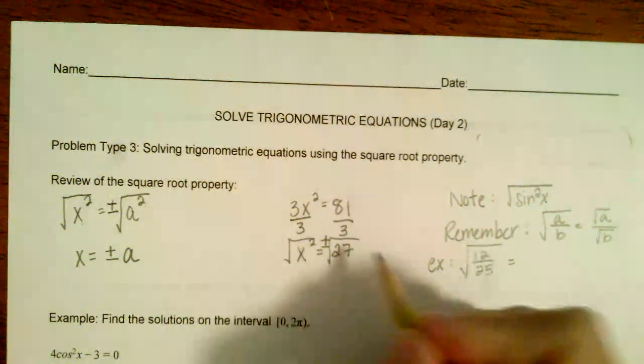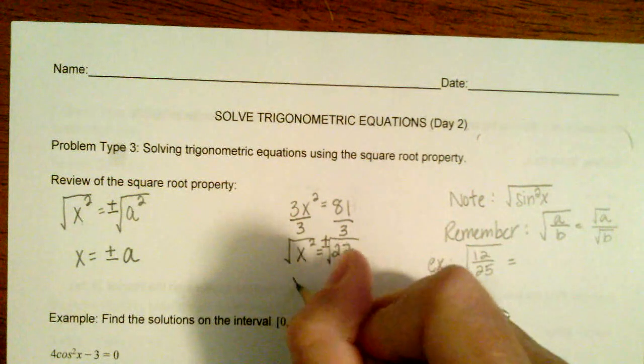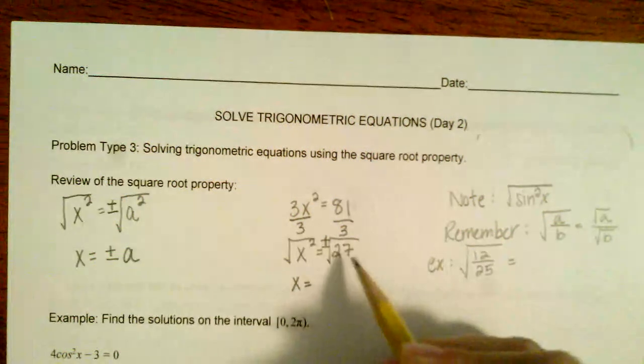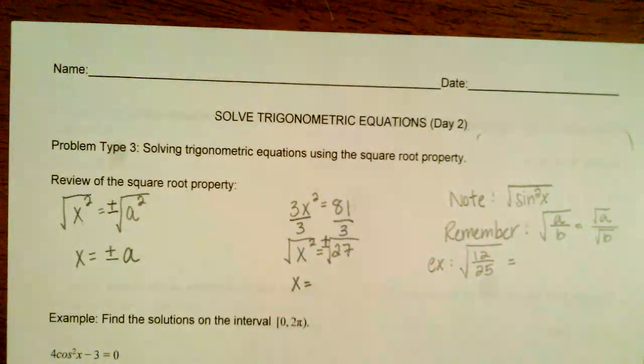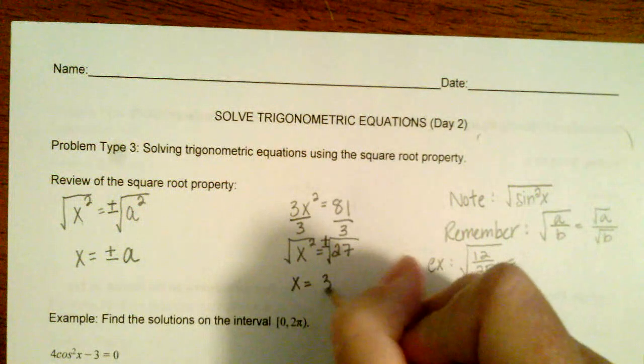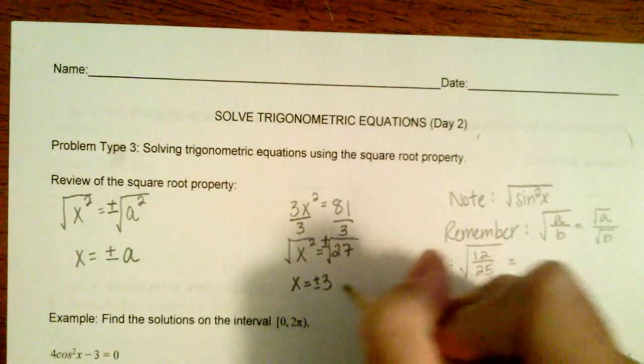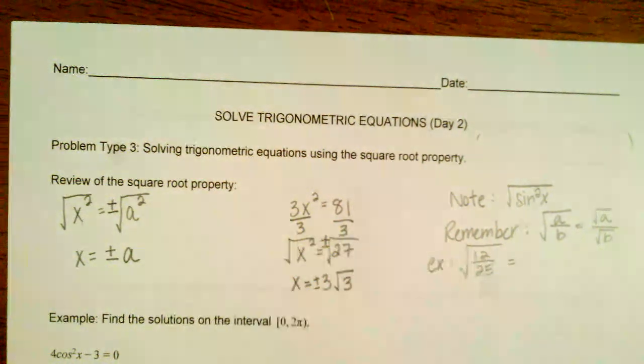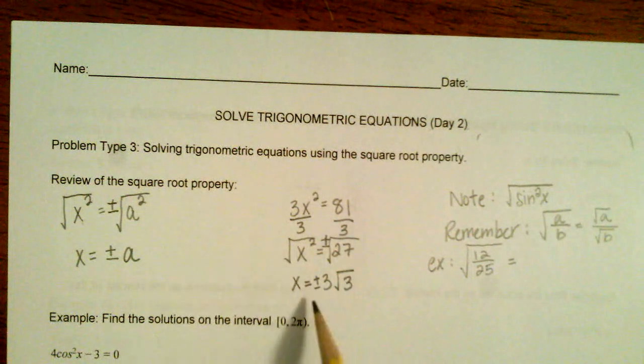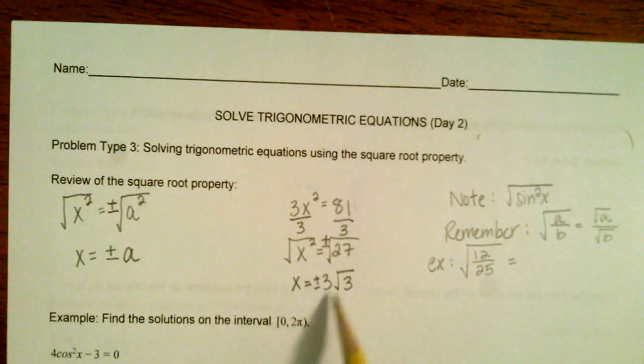And I want to simplify this if I can. So this simplifies to x equals plus or minus the square root of 27. If you need to do that out with a factor tree, that's fine. But hopefully some of you can recognize that that's going to be plus or minus 3 square roots of 3. So I would have 2 answers here: 3 square root of 3 is one of my answers, and negative 3 square root of 3 is my other answer.